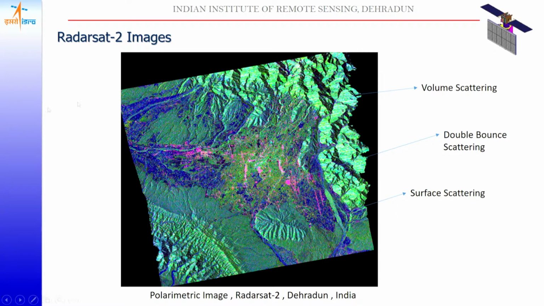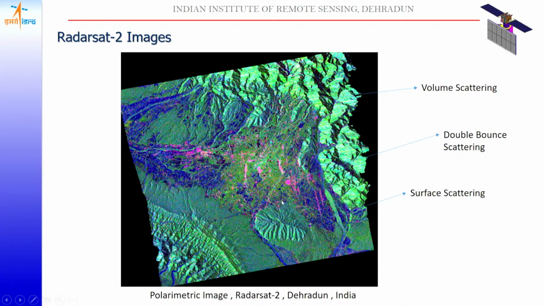You can see this is the full polarimetric SAR image, where you can see volume scattering as the green color. All this vegetation you can see as volume scattering, and this pink or red we can see as double bounce scattering. It is coming due to artificial objects, urban settlements, and that will give the double bounce scattering.